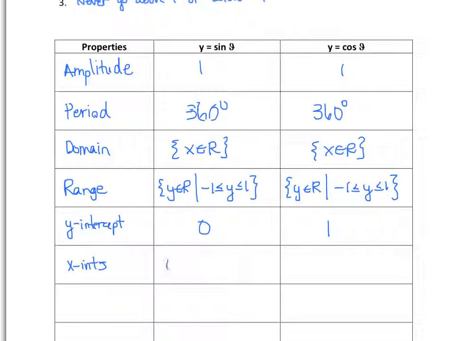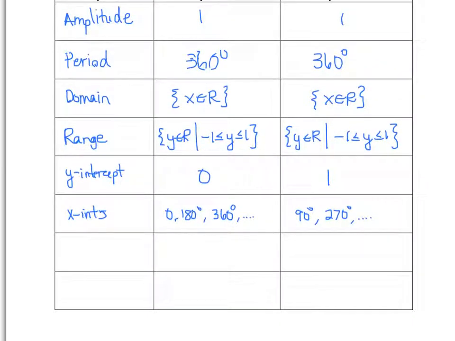For y equals sine theta are 0, 180, 360, and so on. For y equals cosine theta, the x-intercepts are at 90, 270, and they would repeat every 180 degrees as well in both directions.